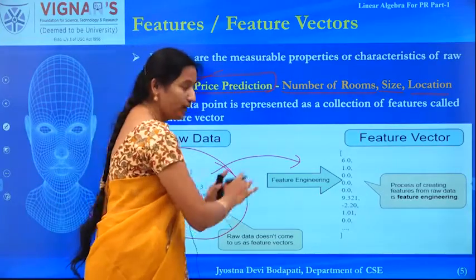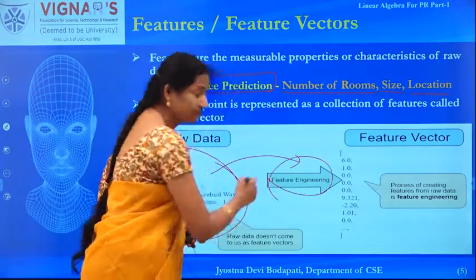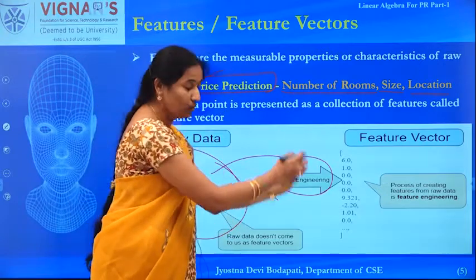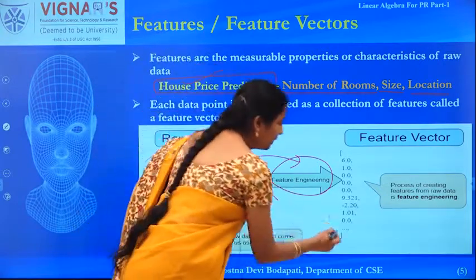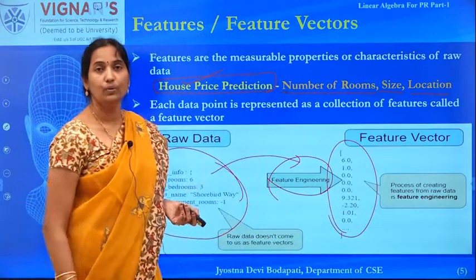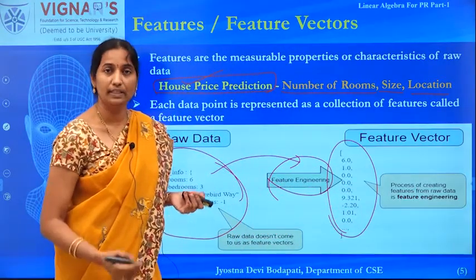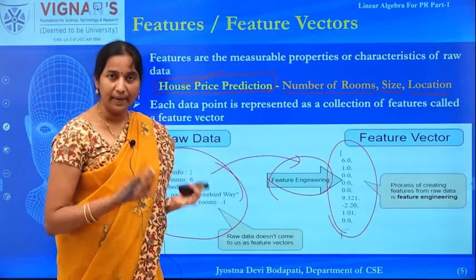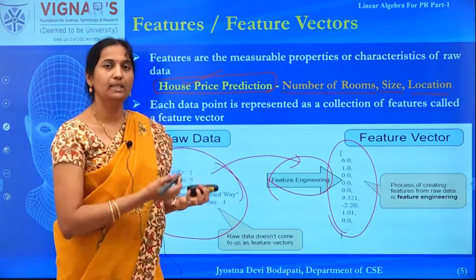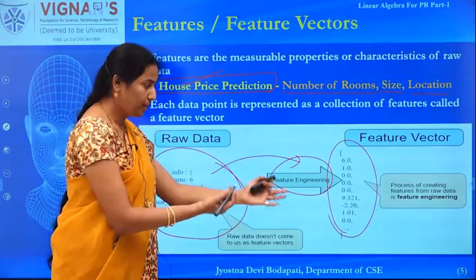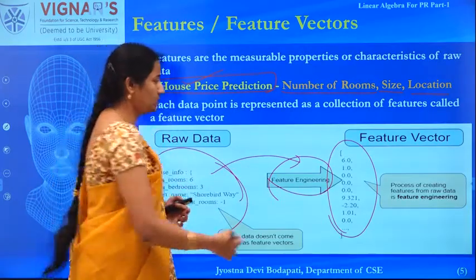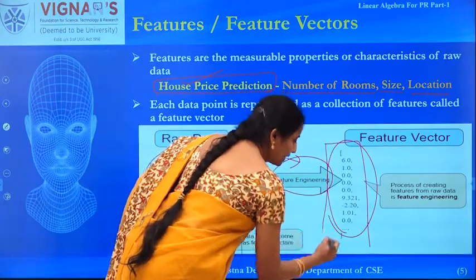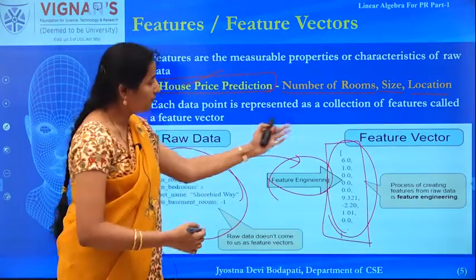First you need to apply some feature engineering, that is, convert that to features, and only then can these features be given as input to your machine learning algorithm or pattern recognition algorithm. Basically, to achieve pattern recognition, you will be applying machine learning algorithms. To the pattern recognition or machine learning algorithms, the input is the set of features. So, what is a feature vector?